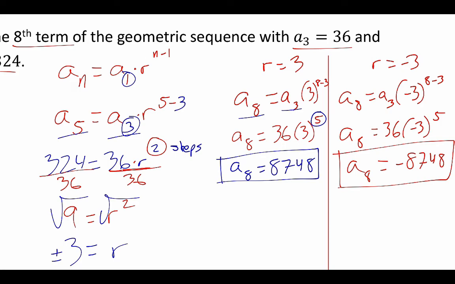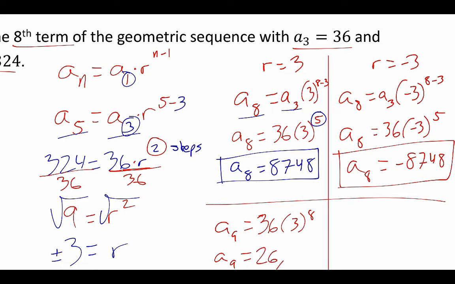What I don't want you to assume, however, is that if you end up with two different r values, the values will always be opposites. There are cases where they're not. Let me show you an example of that. Say I wanted to find the ninth term, a sub 9. Skipping some steps here, it'd be 36 times 3 to the 8th power, and that would give us a sub 9 equals 26,244.